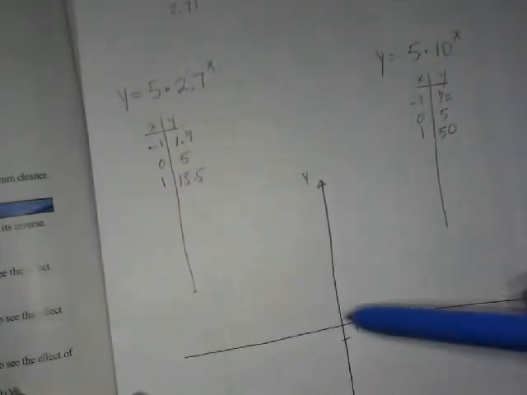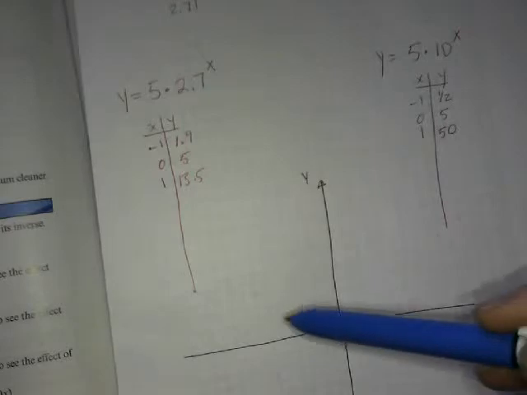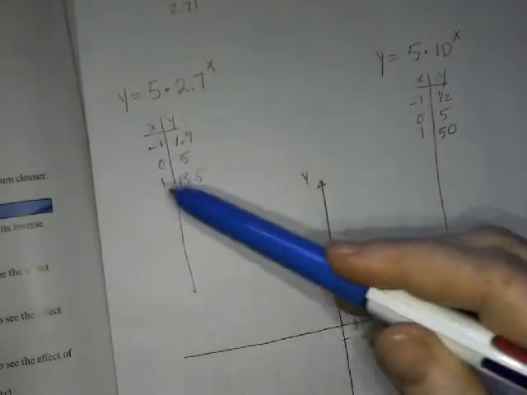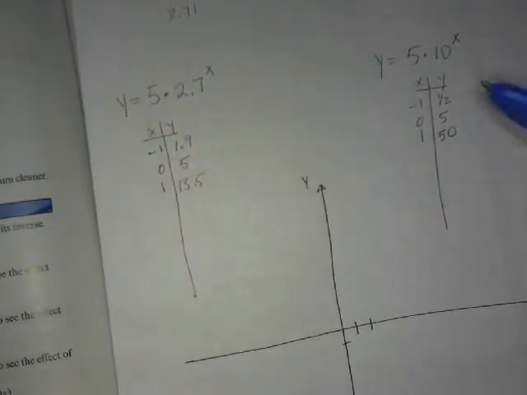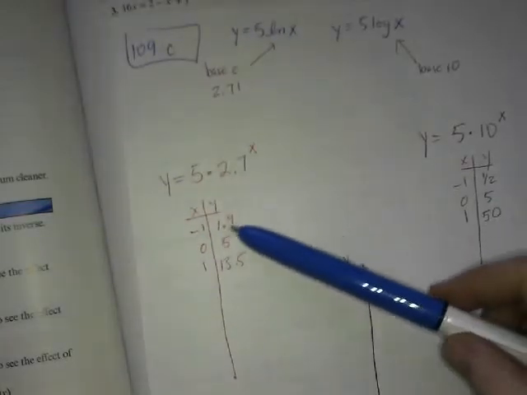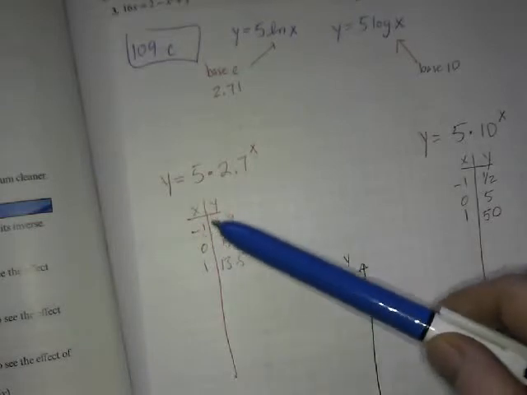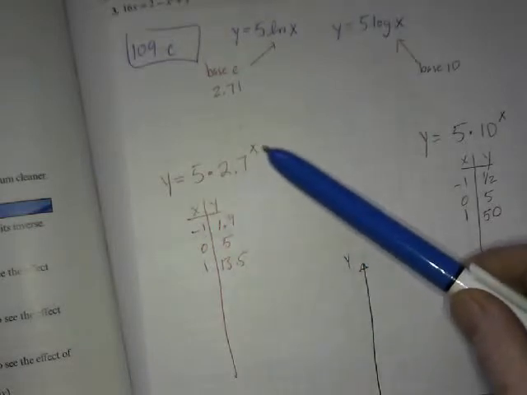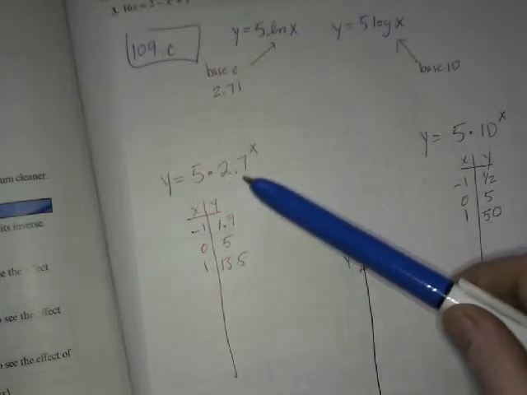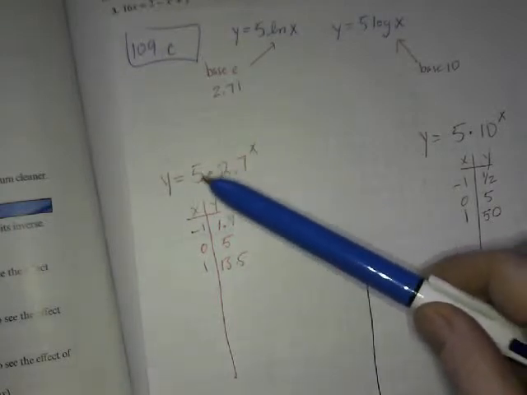I think we kind of know how the shapes of things are, like they usually kind of go up like this, and so we'll just use those to kind of guide us, and hopefully we won't have to plot too many points on these. So the way I got my answers here is I know that anything to the -1 power is 1 over itself. So I got 1 over 2.7 times 5.